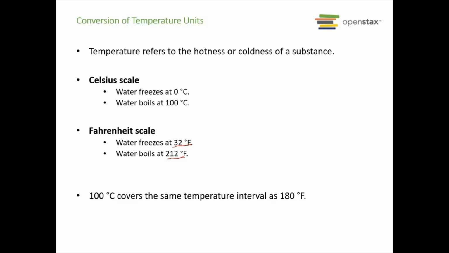So if we want to convert between Celsius and Fahrenheit, we have some equations. So let's say you want your Fahrenheit temperature and you know Celsius. It is equal to 9/5 times your temperature in Celsius plus 32 degrees Fahrenheit.